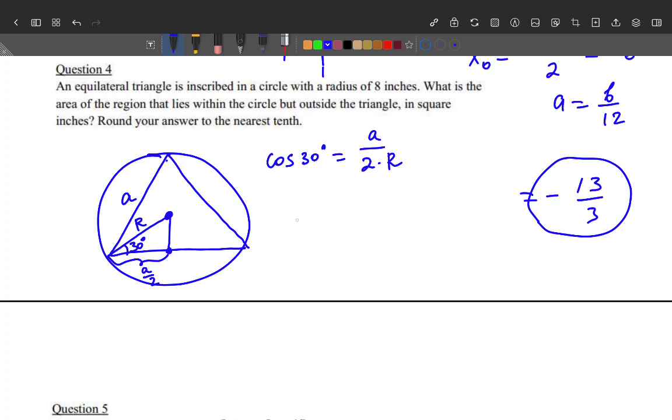From here I find the value of A. A divided by 2 multiplied by 8, A divided by 16 is equal to square root 3 divided by 2. From here I find A is equal to 8 square root 3.